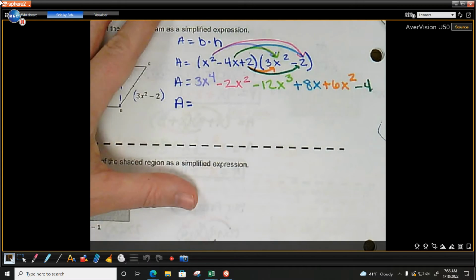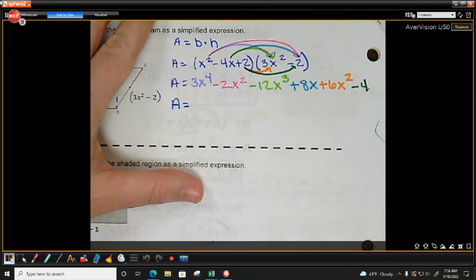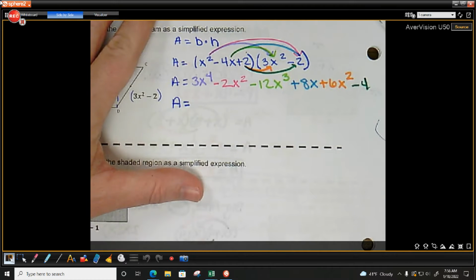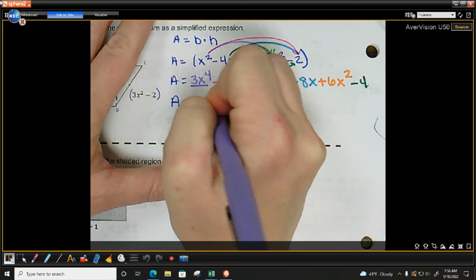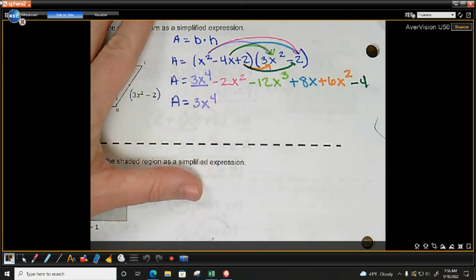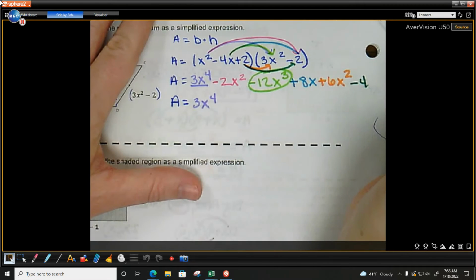Okay, now we're looking for like terms and putting it in the correct order. What term should go first? 3x to the 4th. Is there another x to the 4th term? No. 3x to the 4th. What should go next? Your negative 12x cubed. Is there another x cubed?